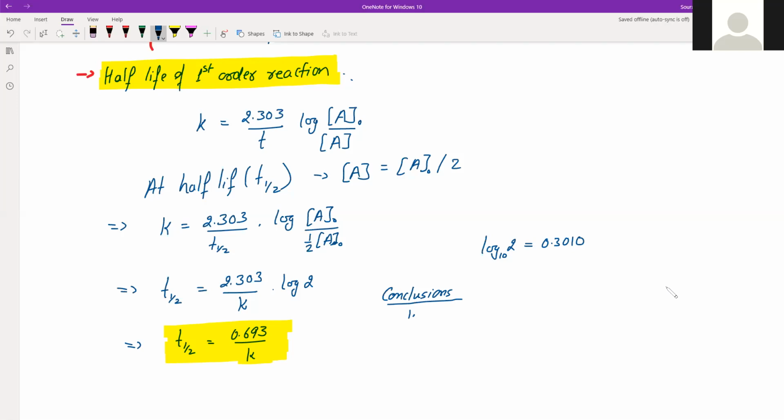We are not saying final concentration because K depends on final concentration. Second, it is inversely proportional to K. So these two are the conclusions from the half-life of the first order reaction.